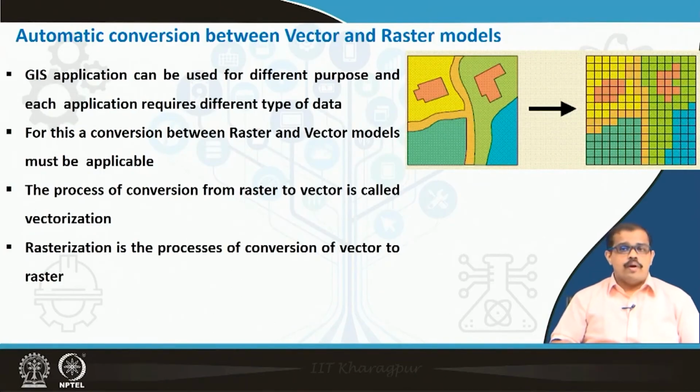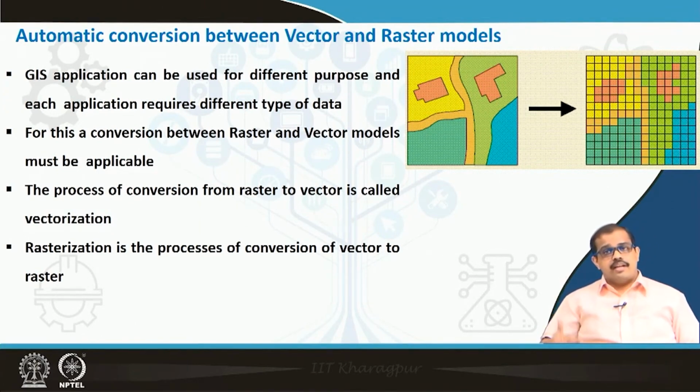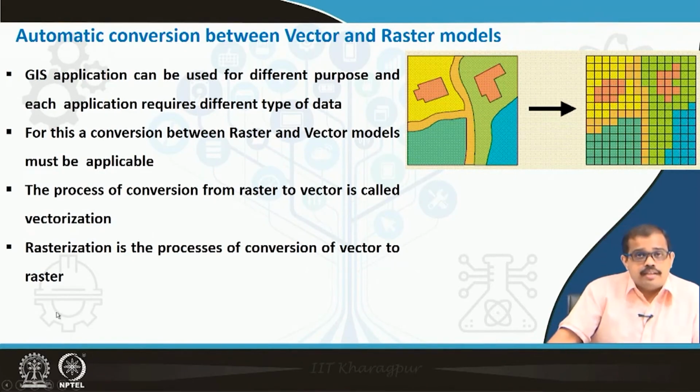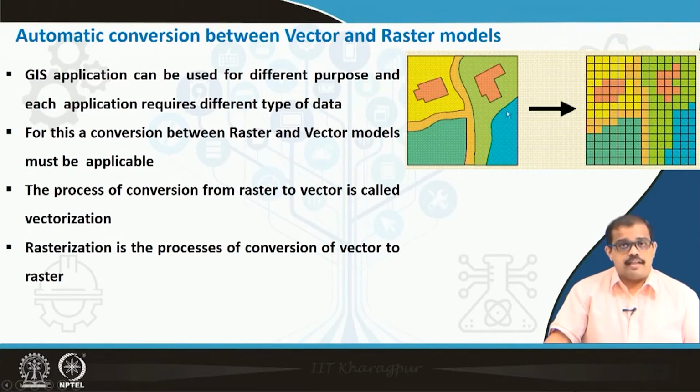Now, once we have understood both the raster model and the vector model, the next question is, can we convert vector to raster or raster to vector? The image on your left-hand side represents a vector data model. This is a road, and this is a building.